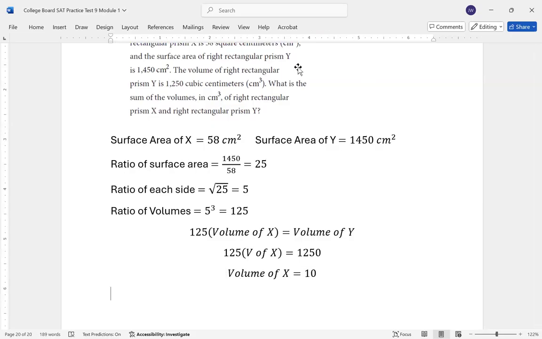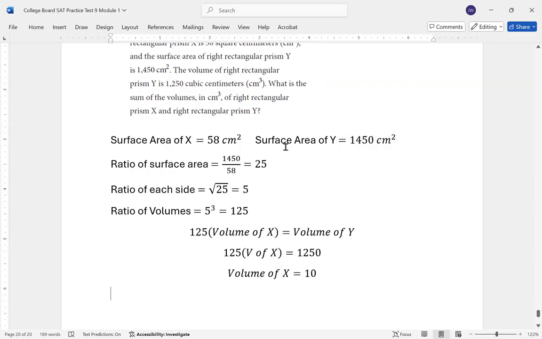Now be careful, this question is not asking me for a final answer which is the volume of X. It says, what is the sum of the volumes in cubic centimeters of right rectangular prism X and right rectangular prism Y?